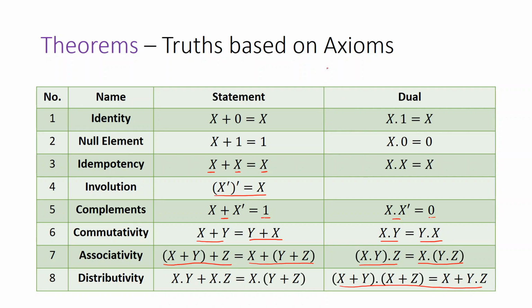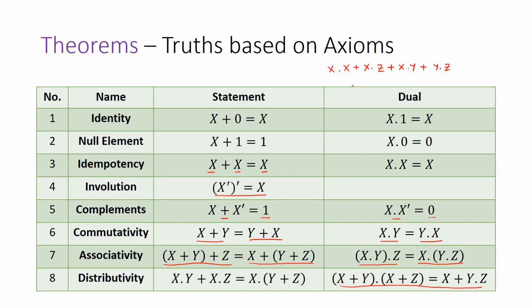The LHS, if you open the brackets, is x and x plus x and z plus x and y plus y and z, and here this is x. So this is a theorem.